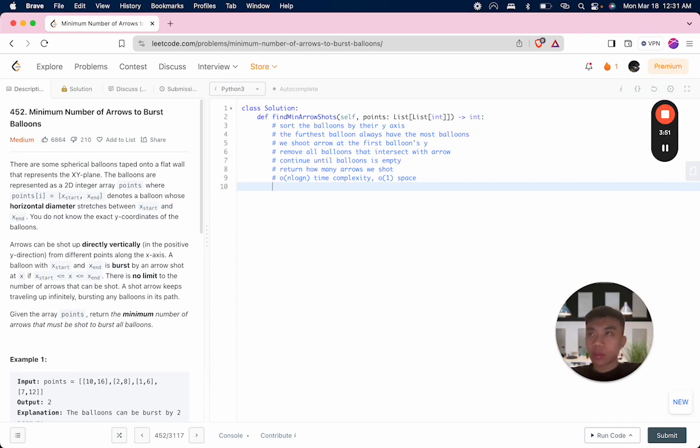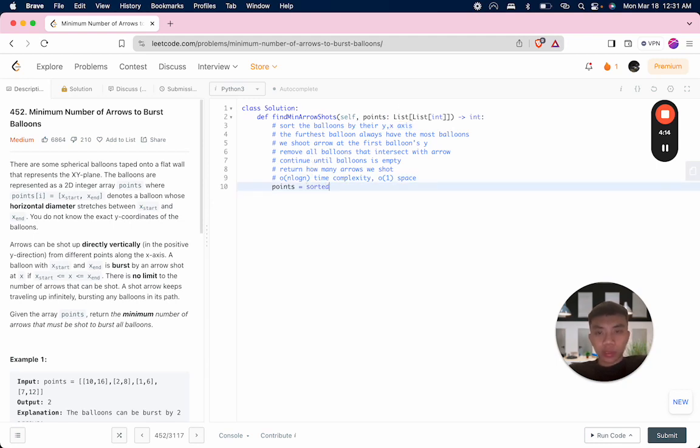So let's code up our solution. Points equals, actually we sort the balloons by their XY axis. So we sort their y-axis first and then their x-axis second.